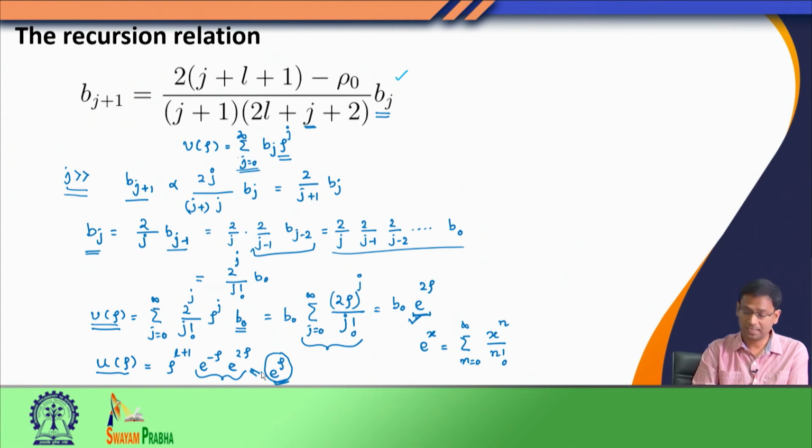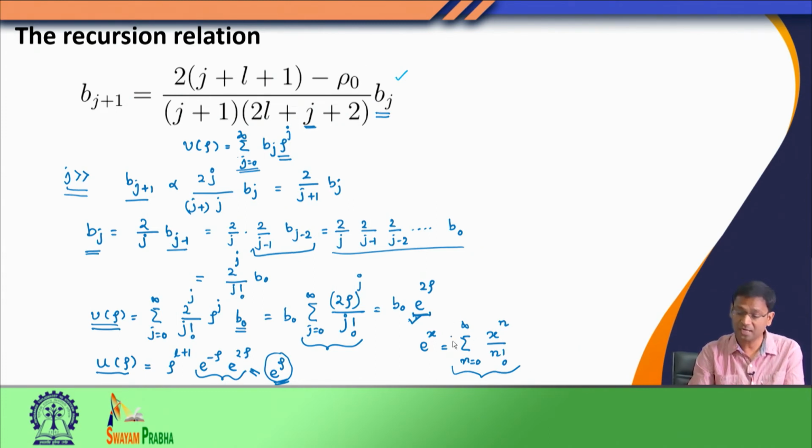We see that such a problem occurs only when j is very large, or j goes to infinity. That means this power series should not go to j equals infinity, rather it should truncate somewhere, because I obtain this e to the power 2 rho term only when I define this summation going from n equals 0 to infinity.